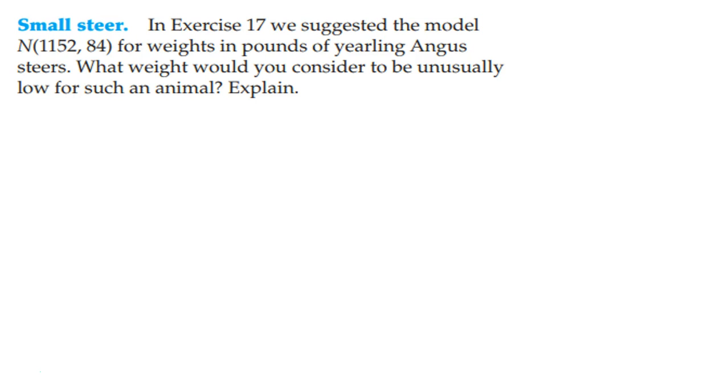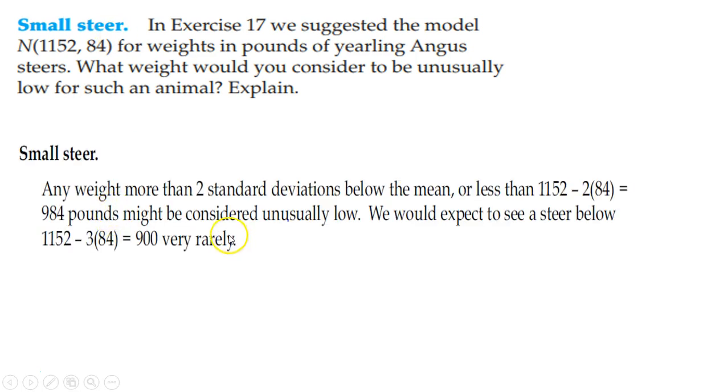So if we subtract 84 twice, basically anything below 984 would be starting to get unusual. And 1152 plus 84, anything above 1320 would start to be. So that's what we're basically saying here. 2 standard deviations above or below the mean is where that would happen. We would expect to see steers below around this. So now very rare is what it's saying.